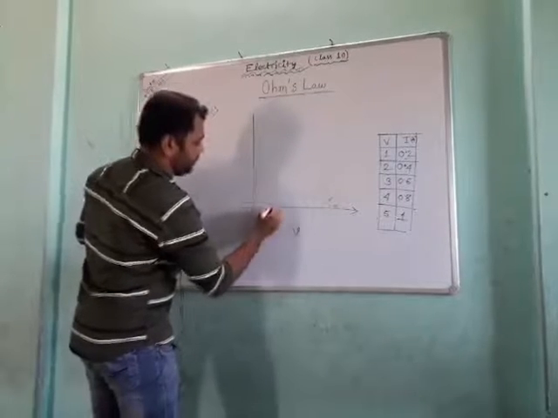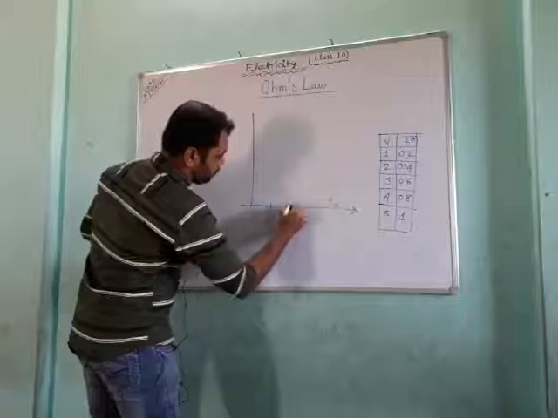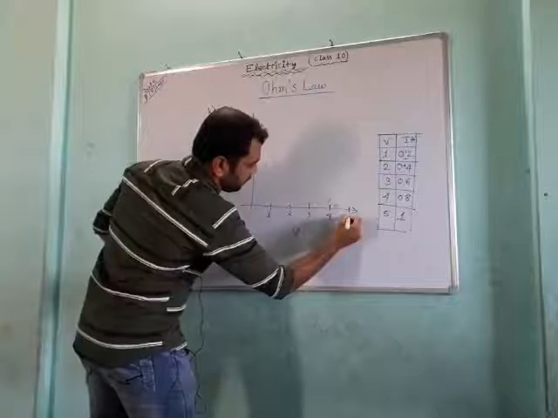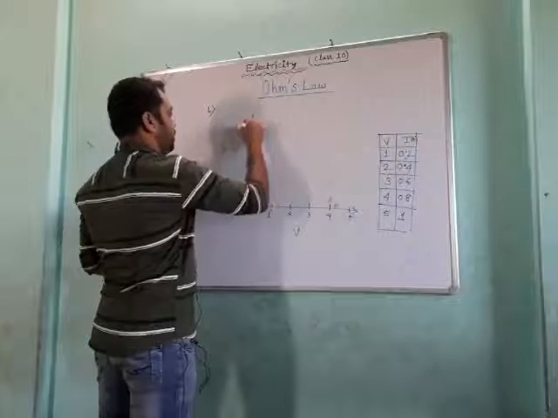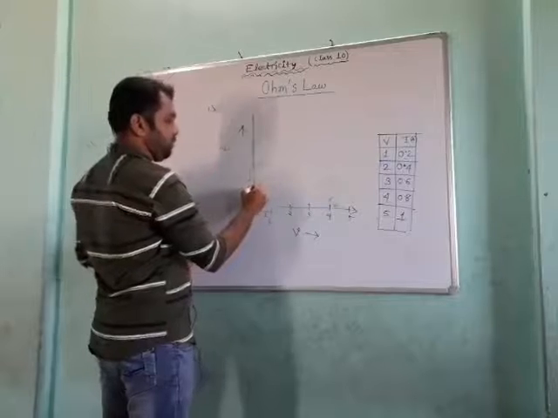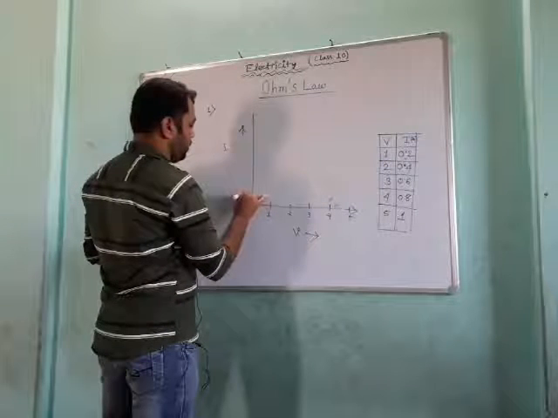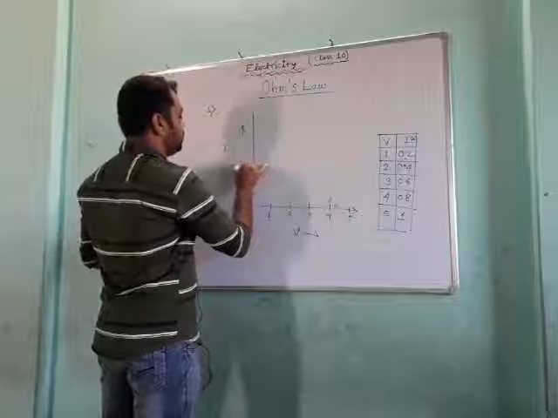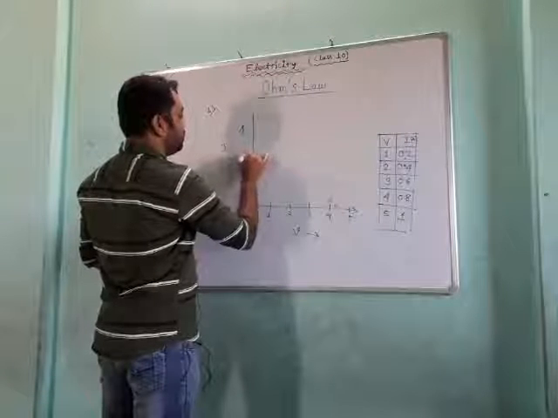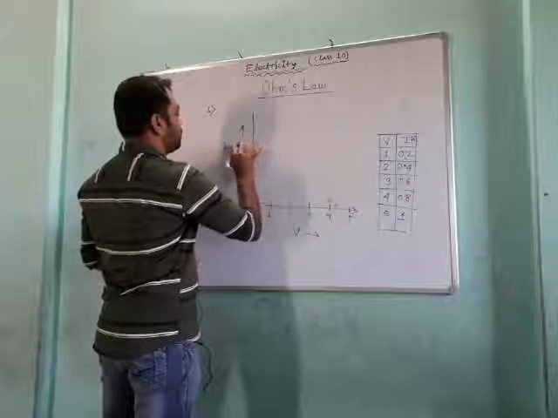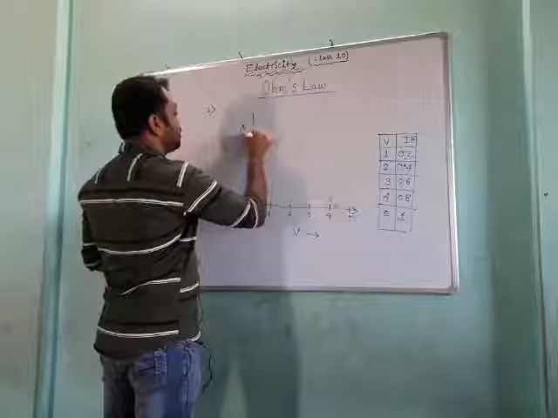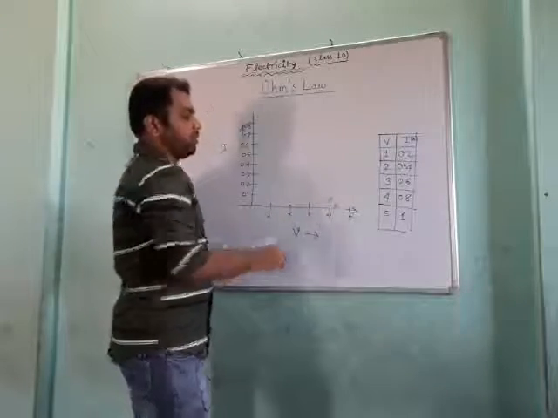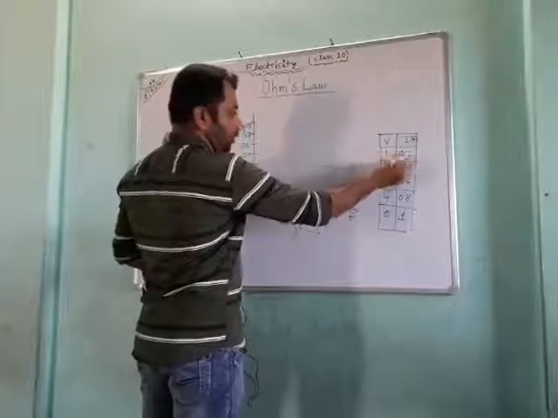We will put V here: 1 volt, 2 volt, 3 volt, 4 volt, 5 volt, and we will put current I in this direction: 0.1, 0.2, 0.3, up to 0.8.